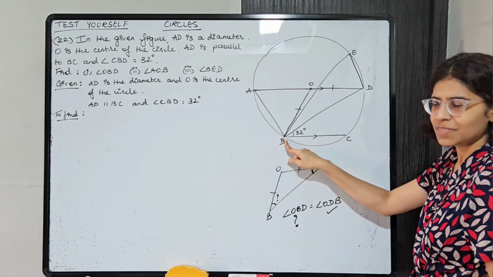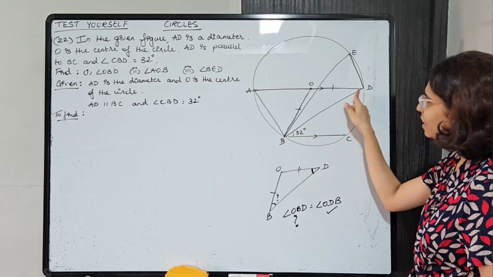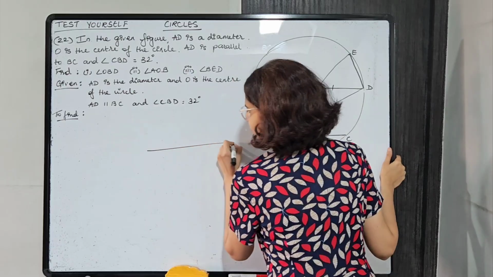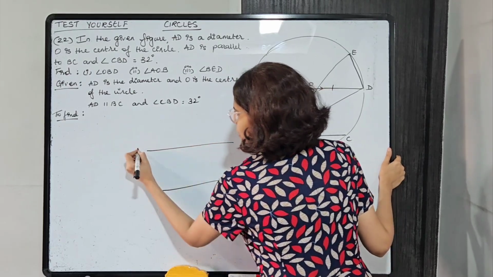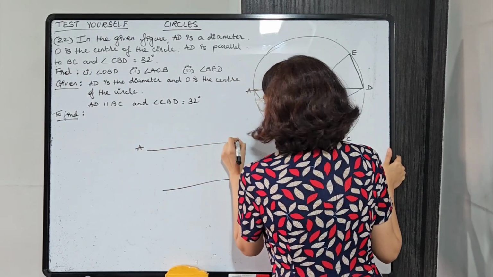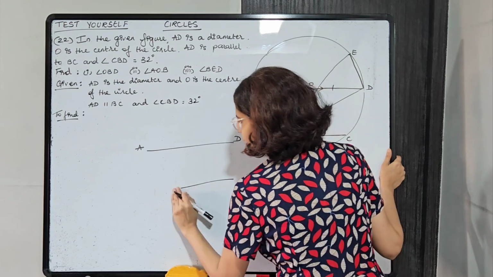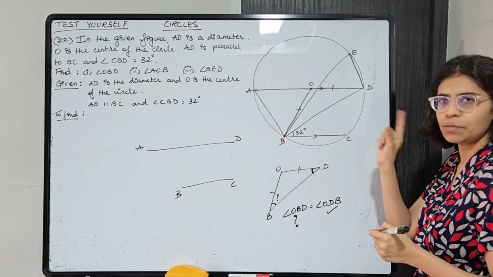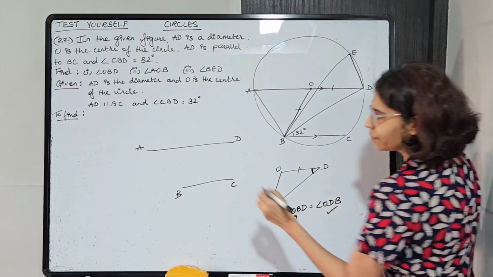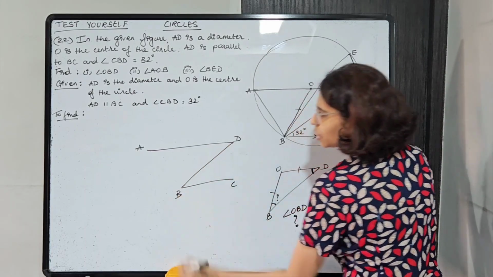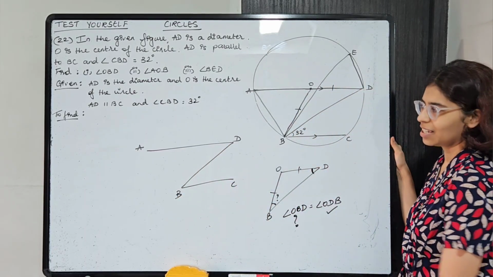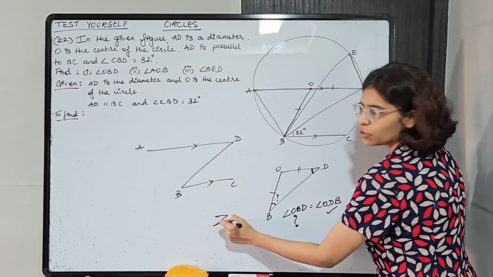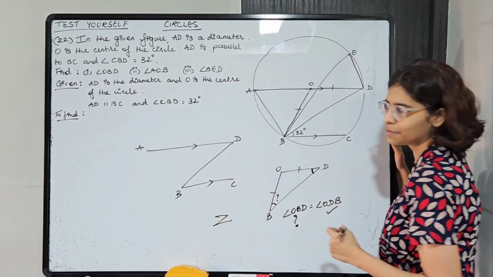ODB is equal to CBD. Why? We are given AD is parallel to BC. AD and BC are parallel. This is the transversal. Parallel lines, transversal, a Z form is being formed, so alternate angles.